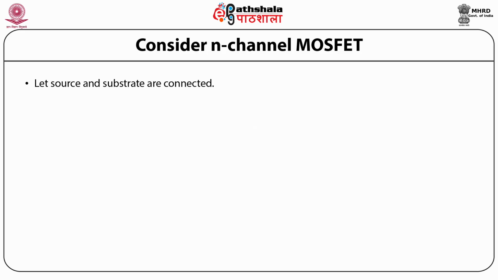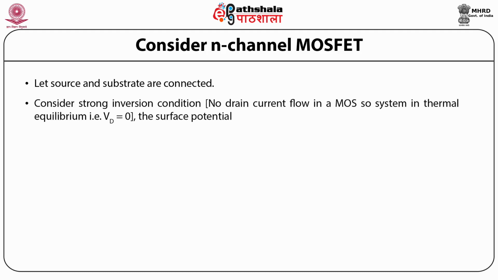Let source and substrate be connected, and consider a strong inversion condition with no drain current flow in the MOS, so the system is in thermal equilibrium, that is, Vd equals 0. So the surface potential psi s is equal to 2 psi b at the onset of inversion.